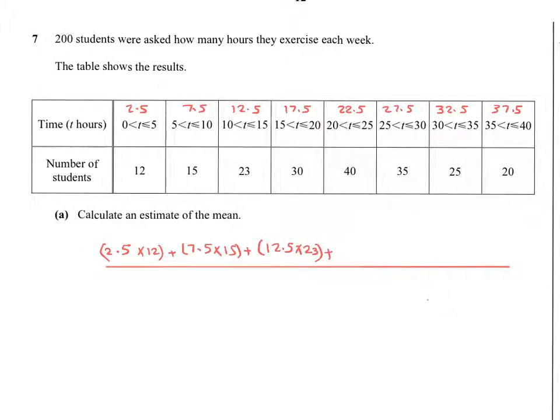Then 17.5 times 30. Then 22.5 times 40. Then 27.5 times 35.